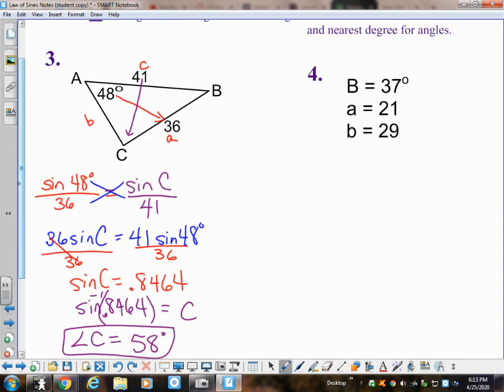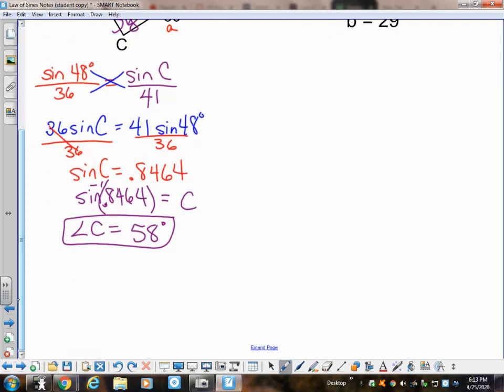Okay, so I'm going to come back up here, put the 58 here, and now I can get my third angle, which is 180 minus 48 minus 58, is 74 degrees. So now I have to find b. Using my same setup again, sine of 48 over 36, but now I've got sine of 74 over little b.